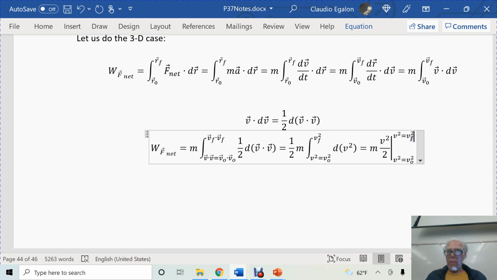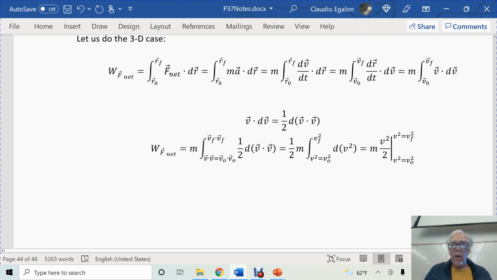That's what I'm emphasizing here. Otherwise, if I replace v with v naught squared, it becomes v naught to the fourth power, right? So I gotta emphasize that. And finally, we get what we got before.